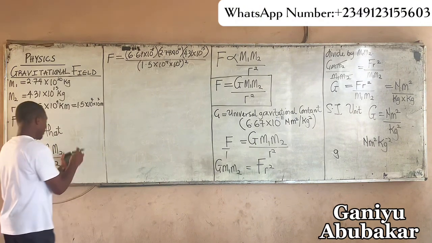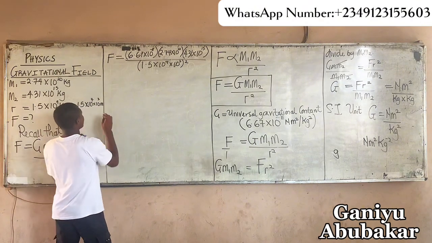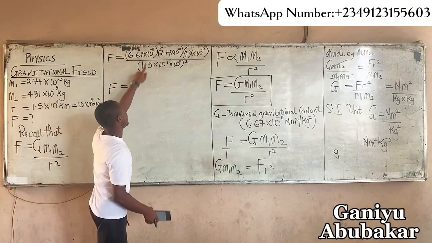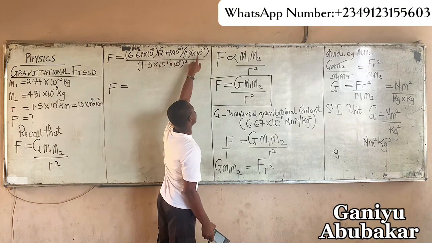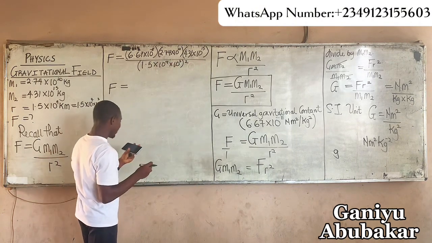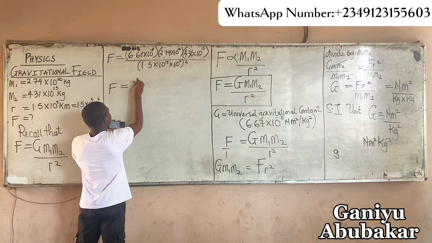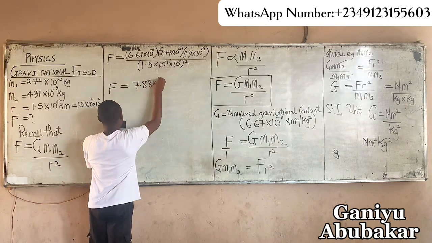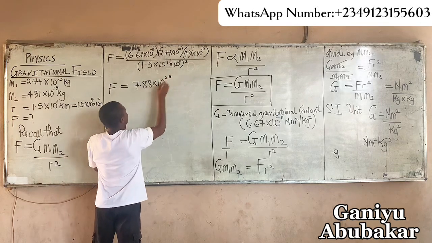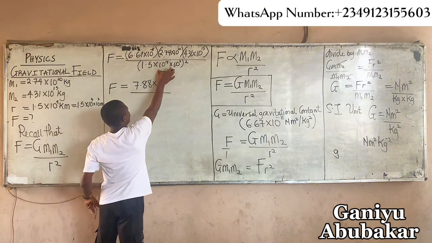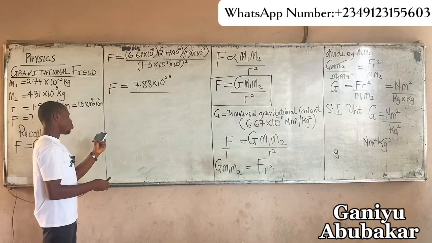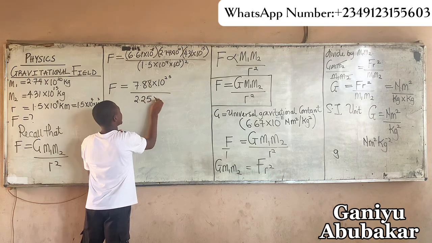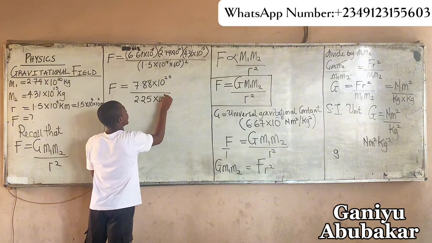So let's get F here. If I punch the calculator and multiply the numerator, I shall have exactly 7.88 times 10 to the power 25 all over the denominator, which evaluates to about 2.25 times 10 to the power 20.